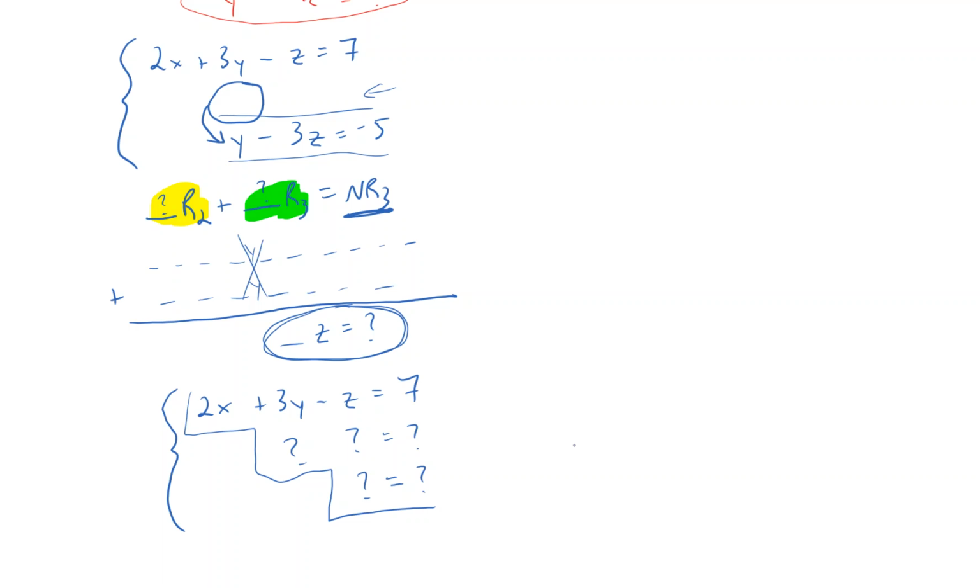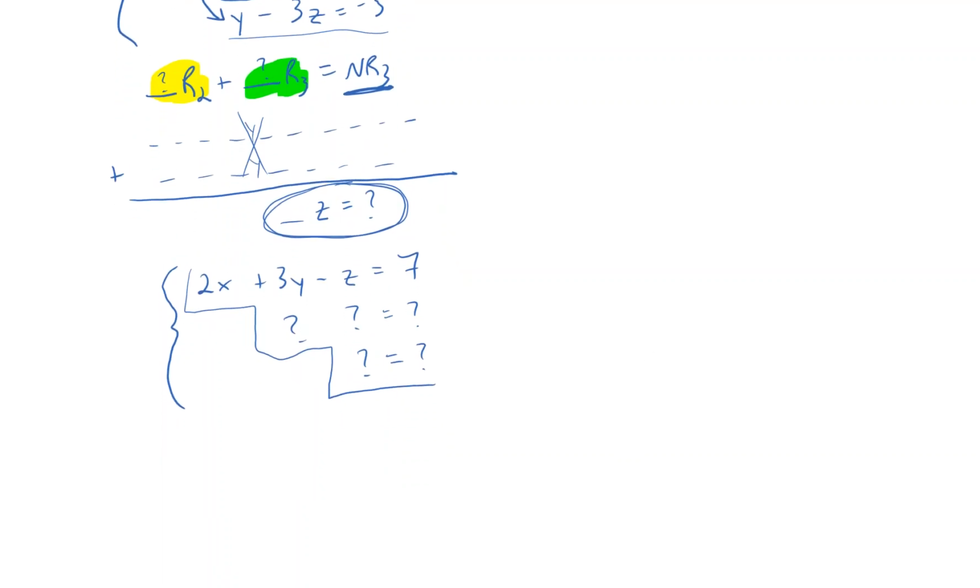Okay? So now what you need to do is solve. So you take the third equation and solve it for z. See what you get. Solve it for z. z equals what? Okay, figure out what z is.